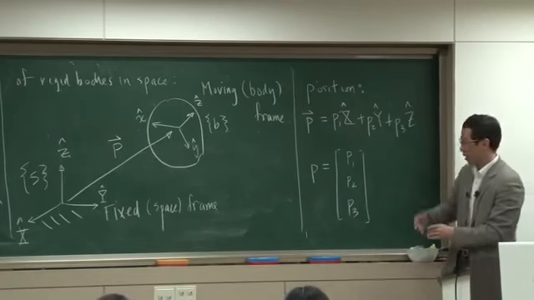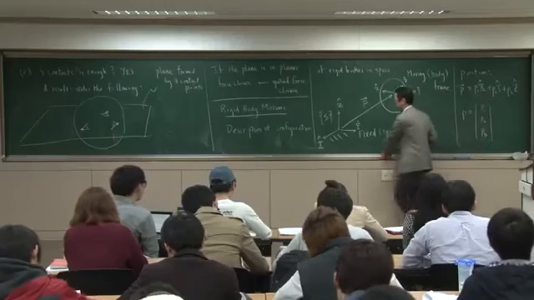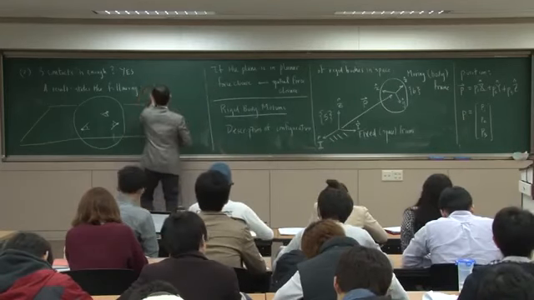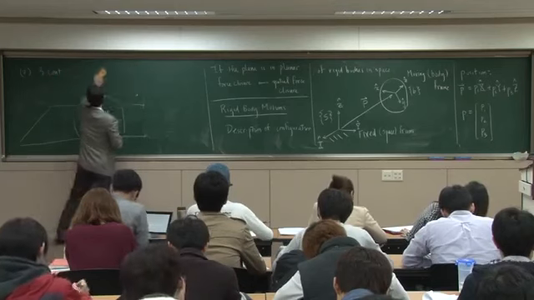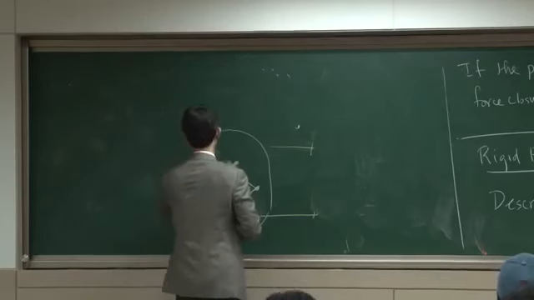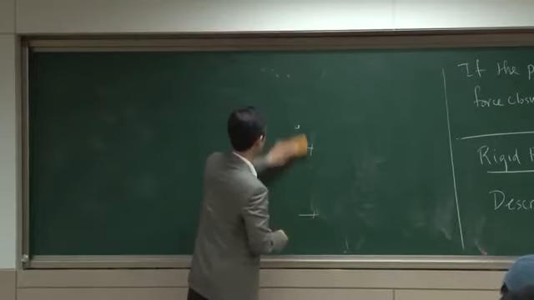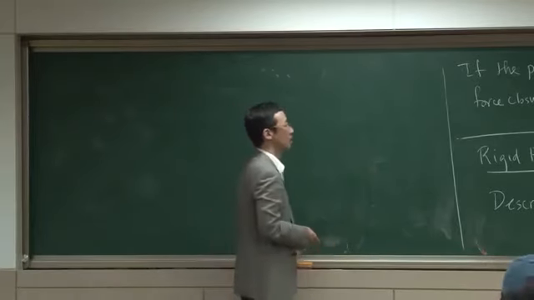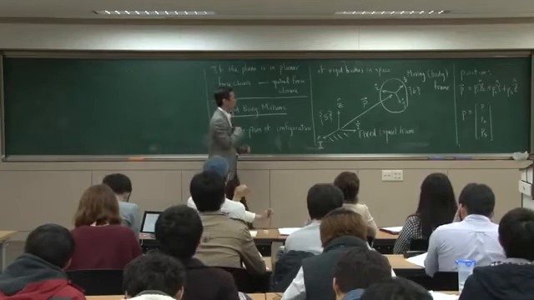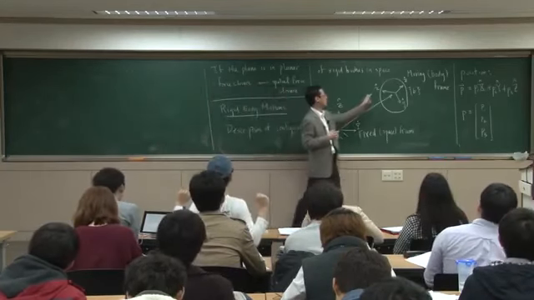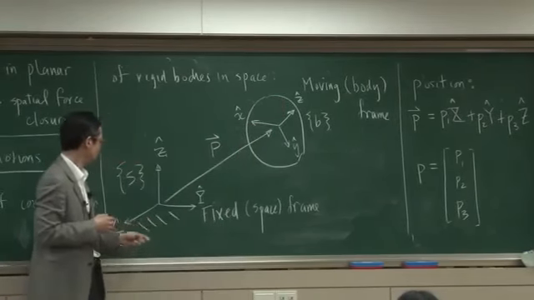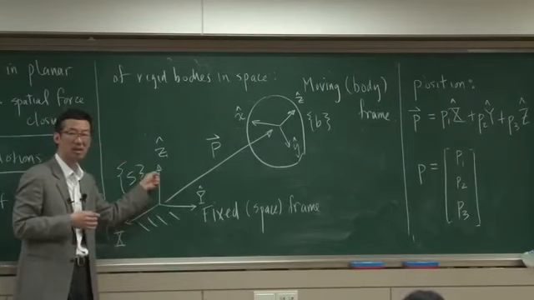Now let's think about the orientation. How are we going to describe the orientation? Here's an idea. Why don't we write down the directions of the small x, small y, and small z vectors using our fixed frame coordinates?